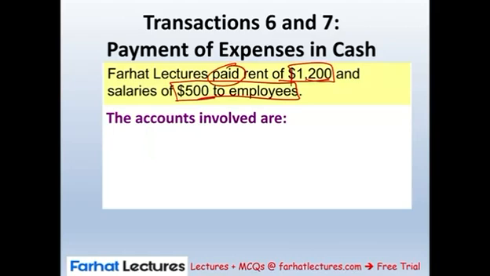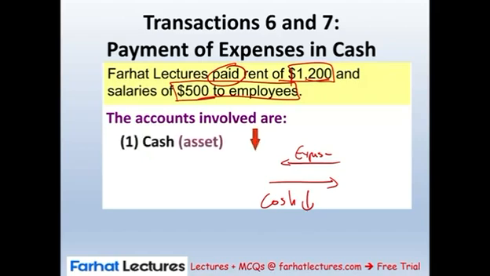When we pay, it means cash went down. We gave up cash. What did we get in return? Well, we got services in return. Services means we incurred an expense. We got some value of rent and employees. Definitely cash went down.